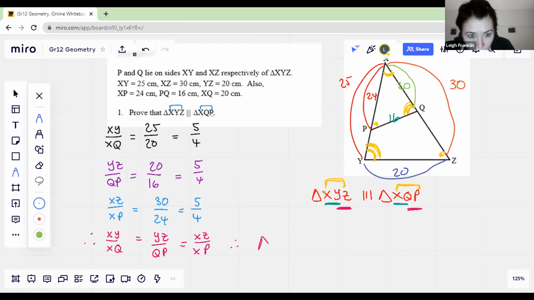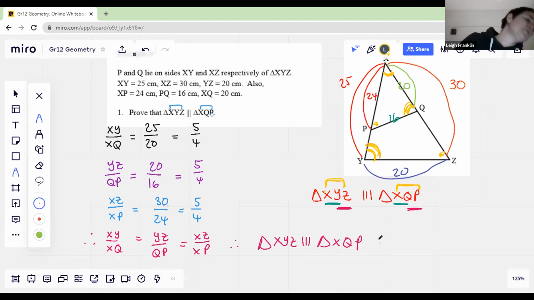Therefore, triangle XYZ is similar to triangle XQP, and that is because the corresponding sides are in proportion.